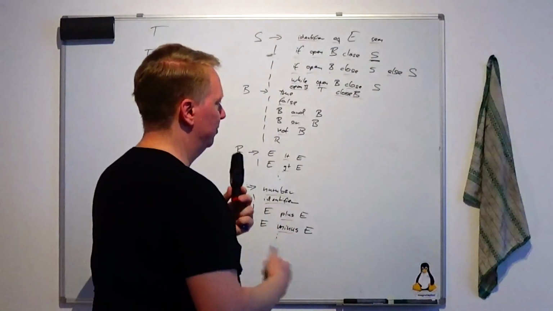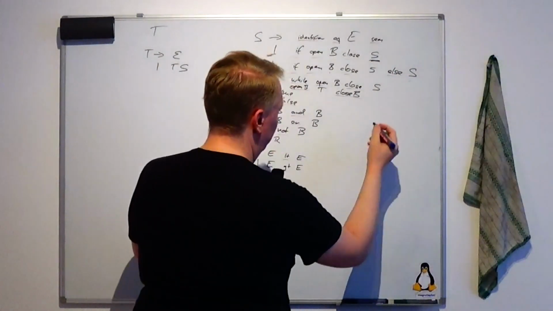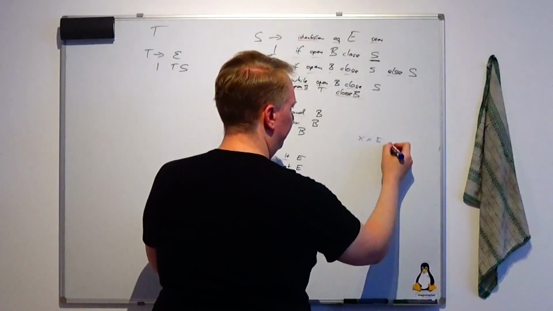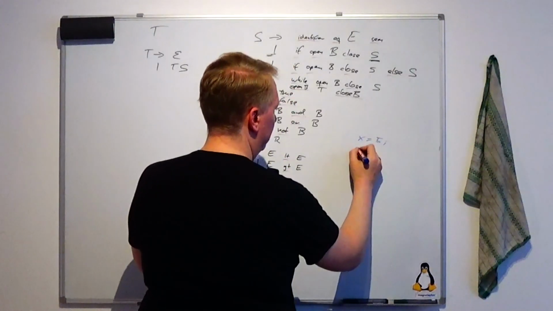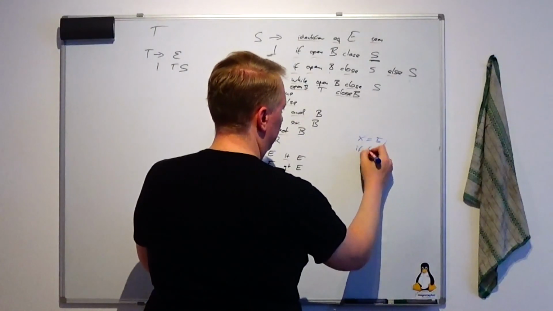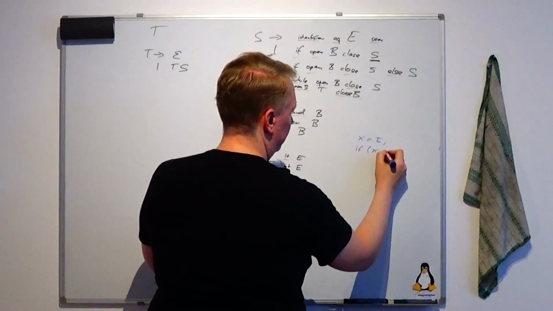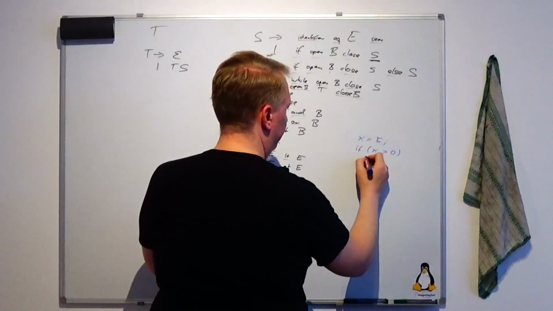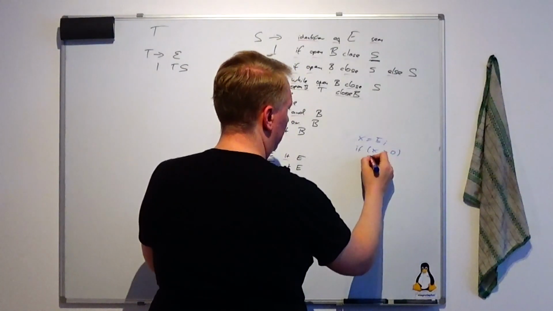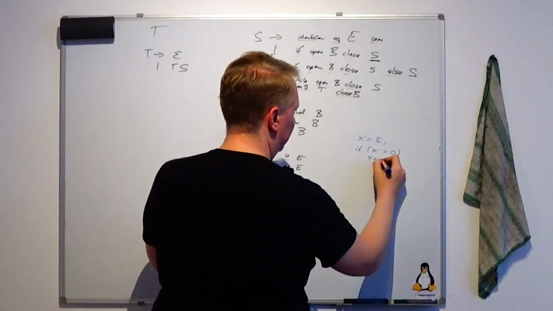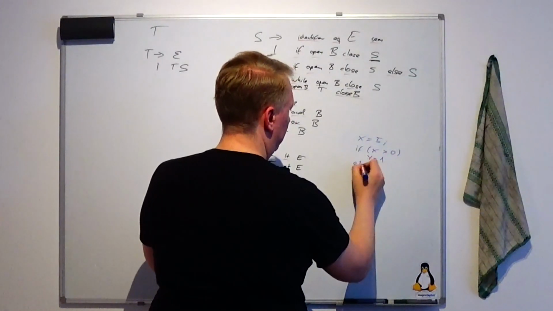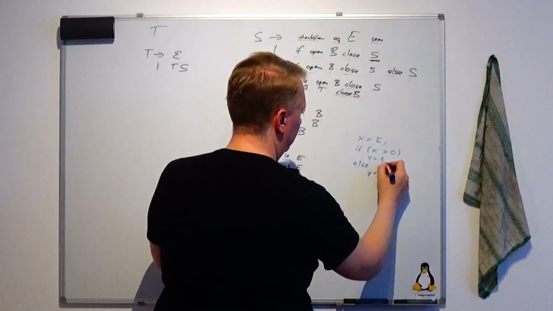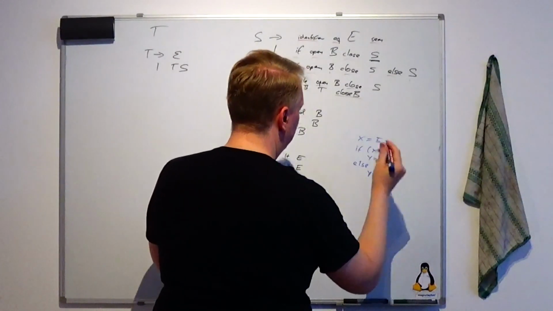So if you were to pass something like, I don't know, we set x to 5, and then if x is greater than 0, y equals 1, else y is set to -1.